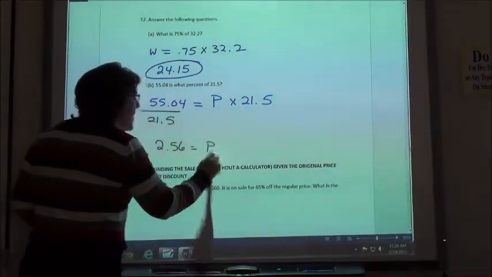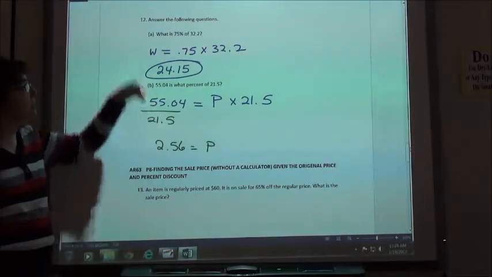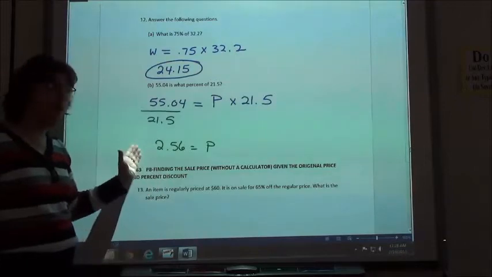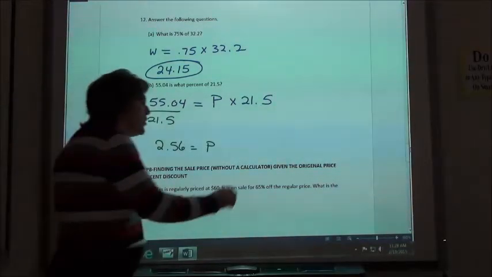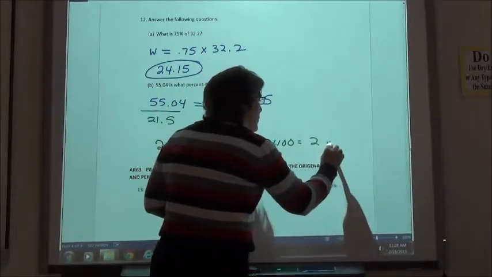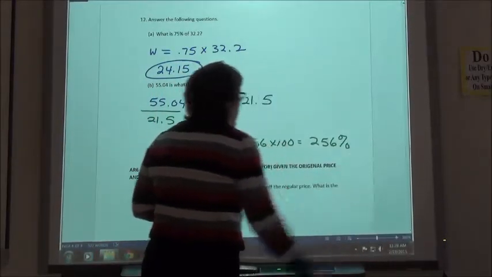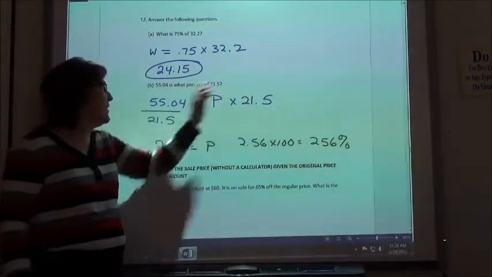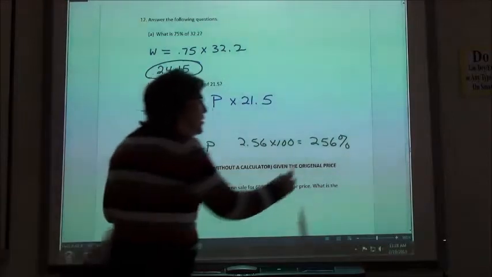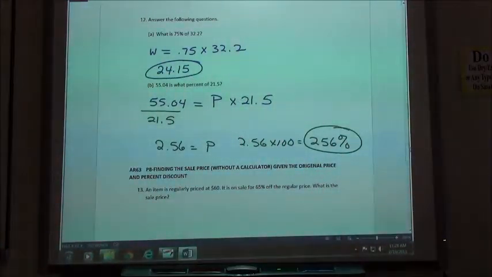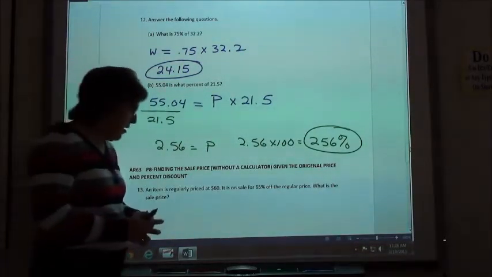Again, like on that previous one that asked what percent, this is a decimal equivalent. What percent is 2.56 equal to? 2.56 times 100 is 256%. Again, 200% would be double that. That's more than twice that. So we know that answer seems accurate if I think about common things, what 100% is, 200% is, and so forth. All right.